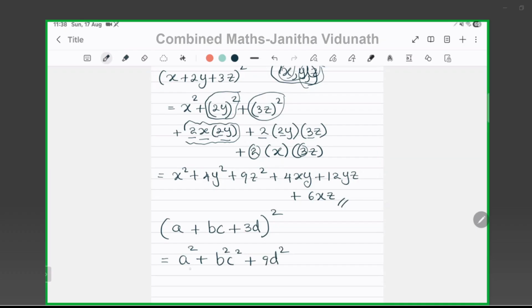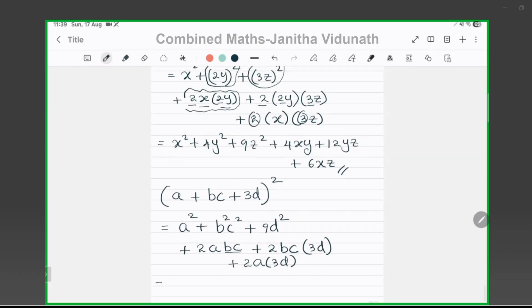Then we need to do 2 times first term times second term. Here the second term is bc, plus 2 times second term times third term, then plus 2 times first term and the last term.